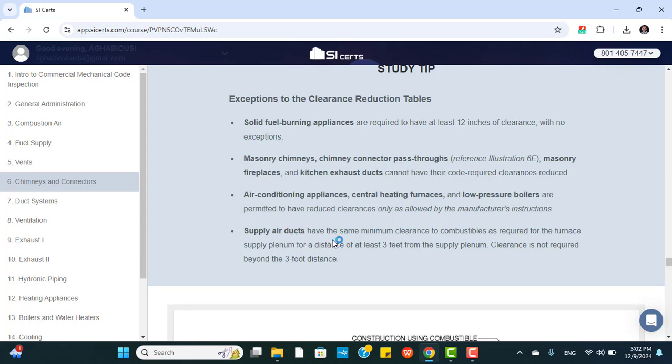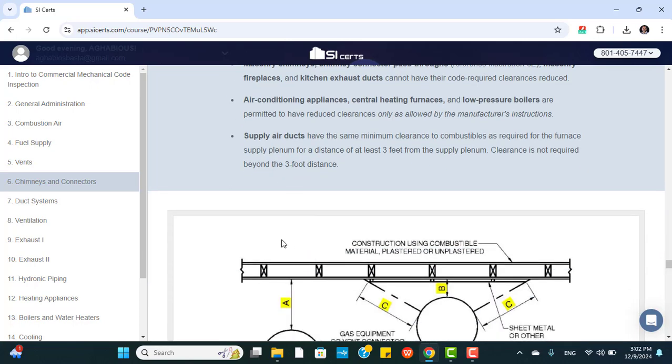Supply air ducts have the same minimum clearance to combustibles as required for the furnace supply plenum for a distance of at least 3 feet from the supply plenum. Clearance is not required beyond the 3-foot distance.